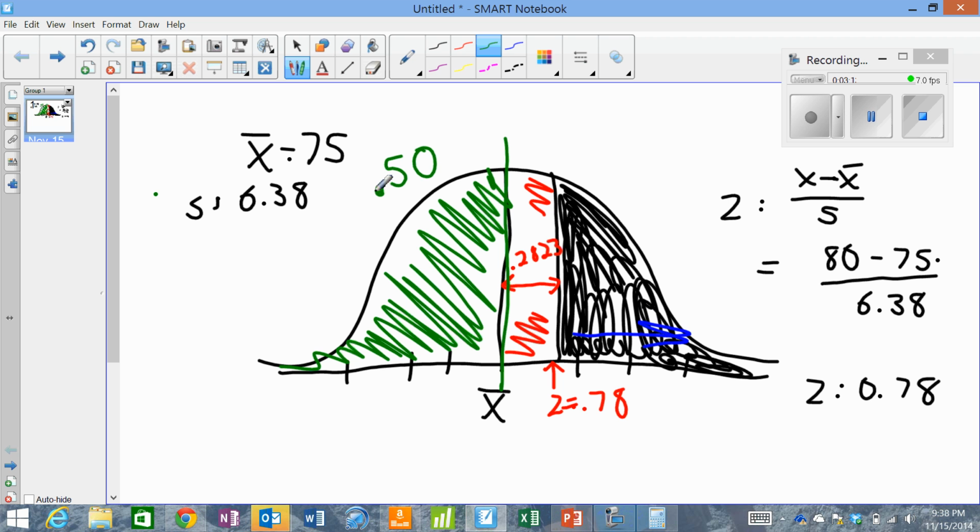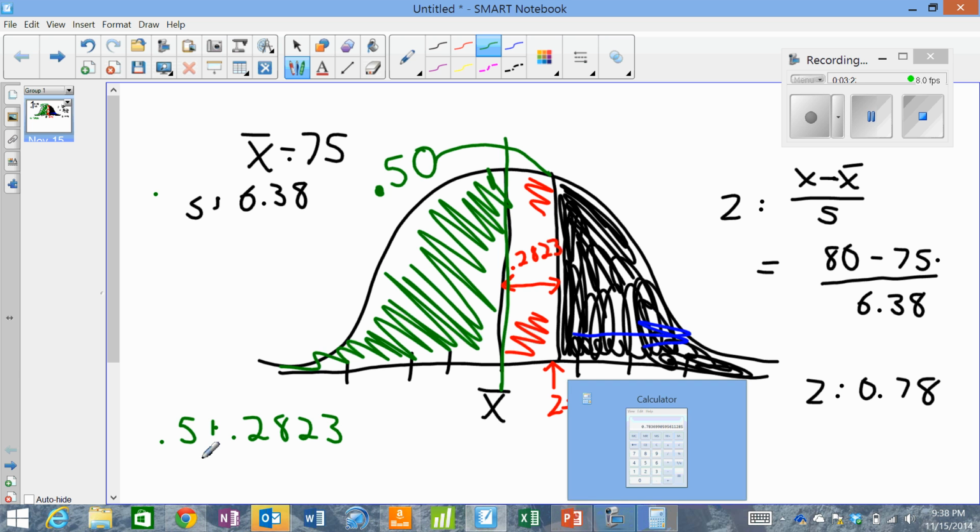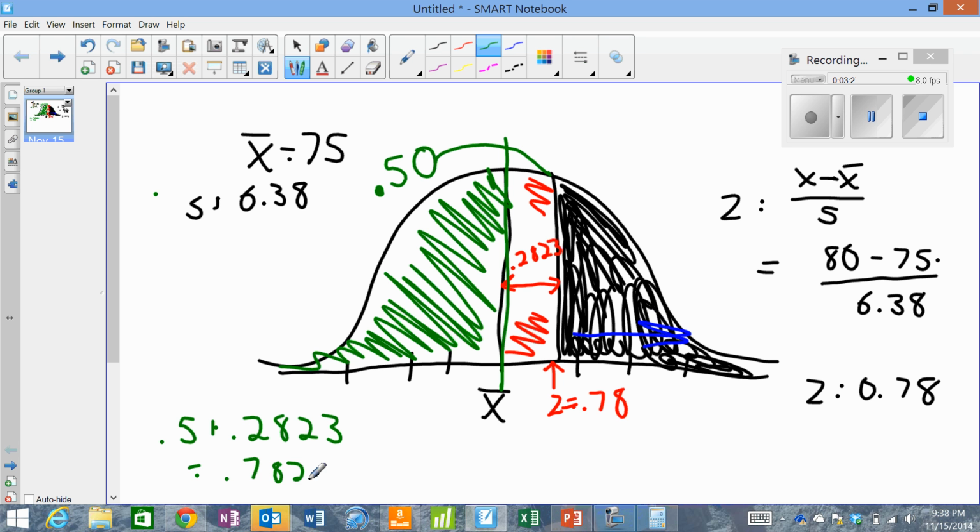If I take my 0.5 and add it to my 0.2823, which equals 0.7823, that 0.7823 is everything from my z-score to the left. So that represents about 78% of my data.